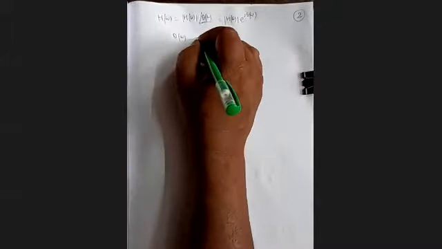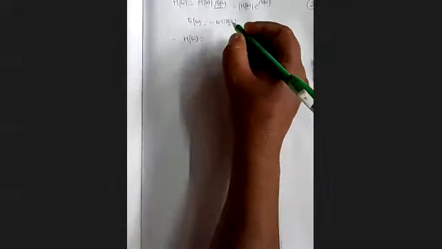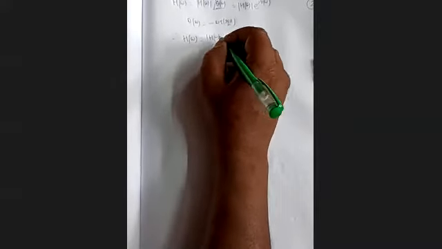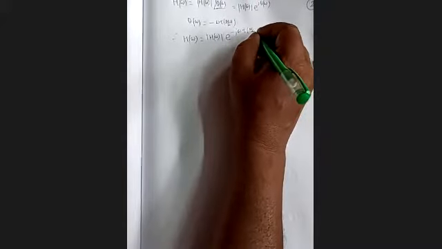It is the phase characteristic, minus omega tau m minus 1 by 2. So our H omega is equal to mod of H omega e to the power minus j omega tau m minus 1 by 2.